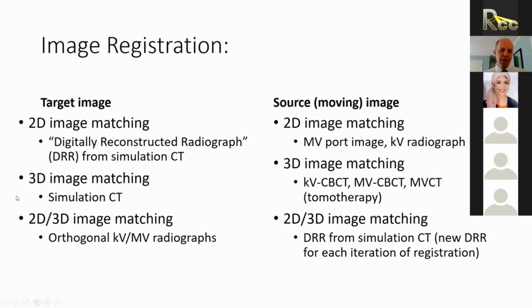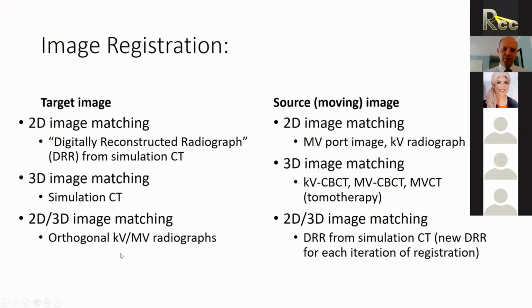For 3D image matching, the target image will be the simulation CT itself, whereas the source or moving image will be the kV CBCT that's acquired, or MV CBCT or MVCT. For 2D/3D image matching, which gets a little confusing, you can have orthogonal kV or MV radiographs for your target image, and your source image would be a series of DRRs that are created from your simulation CT.